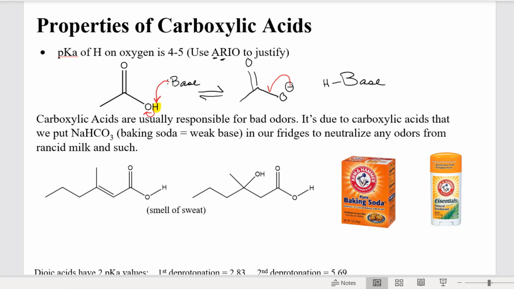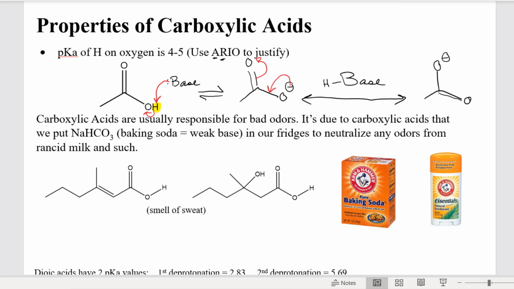I can draw resonance structures to distribute and delocalize that negative charge across three atoms so that the negative charge can be distributed in two ways, across two different O minuses. So that's great. That largely enhances the stability of the conjugate base anion.